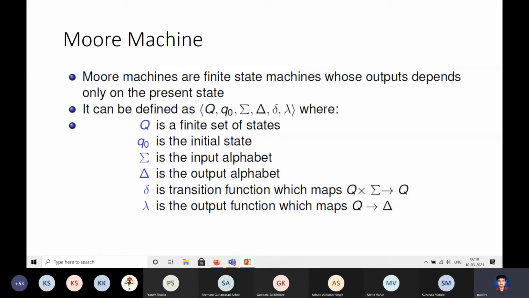So lambda, the output function, is a mapping only from Q, the set of states, to delta, the set of outputs. So this is the only difference with the Mealy machine. The state transition still is a function of both the current state and the input, but the output is a function of only the current state.